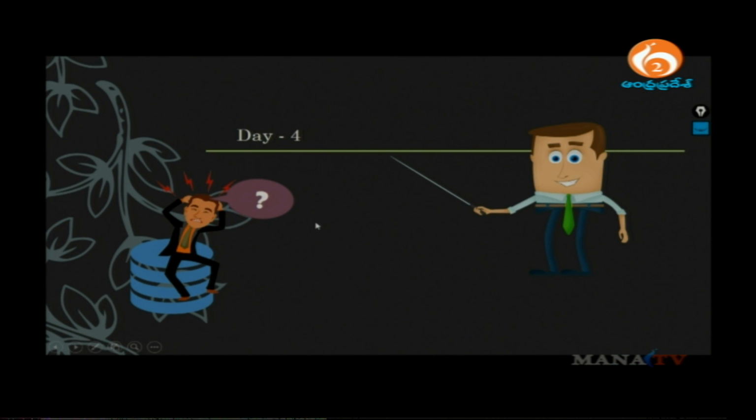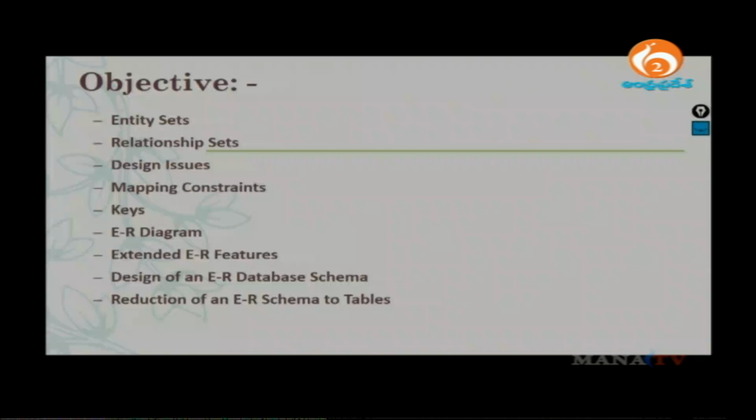This is day 4 of your DBMS. In today's session we will learn about entity sets, relationship sets, design issues, mapping constraints, keys, ER diagram, extended features of ER, and the designing of ER schema and reduction of ER schema to table format.